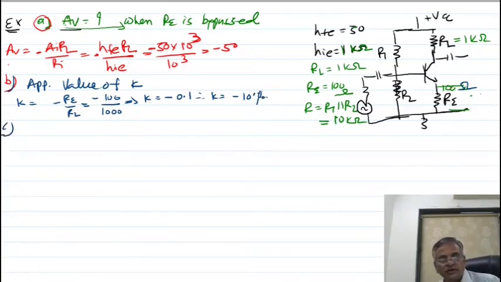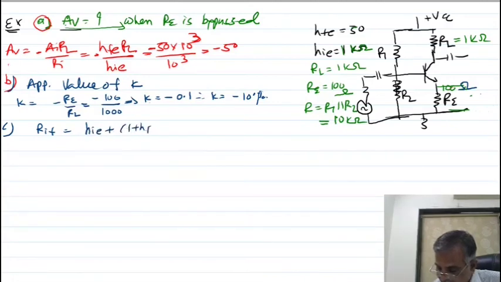K you can calculate like this. C. What is the C they are asking you? Find the input resistance RIF using this equation, and RIF dash. This is the question.